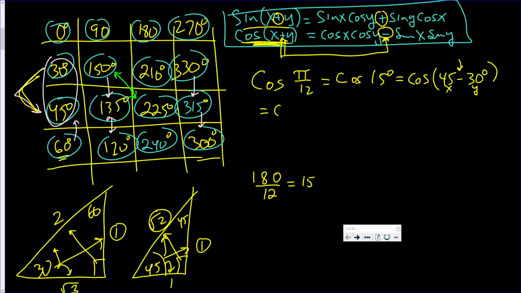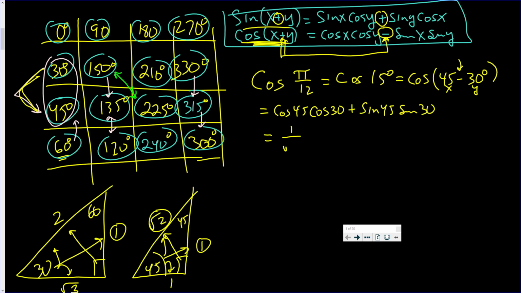So we get the cosine of 45 times the cosine of 30, plus the sine of 45 times the sine of 30. But we know all of these answers. The cosine of 45 degrees, using the triangle on the bottom, is 1 over square root of 2.